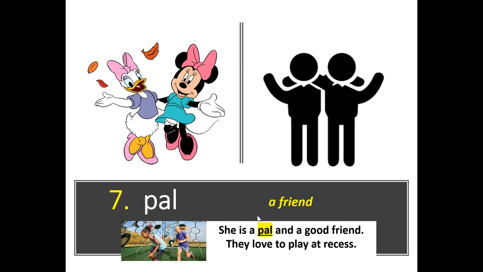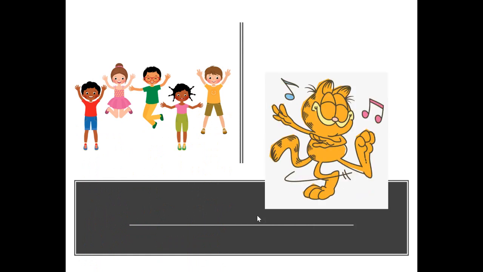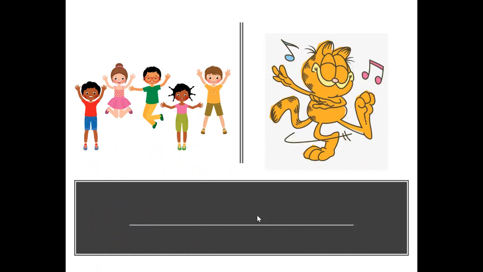She is a pal and a good friend. They love to play at recess. So what do you notice or see in one or both of the pictures? I notice or I see.